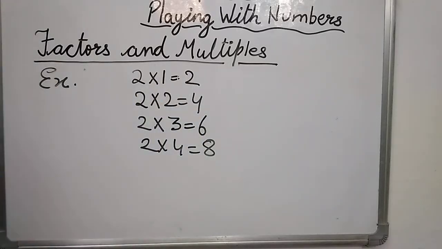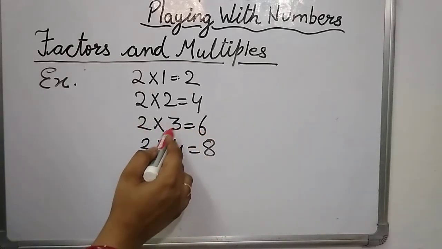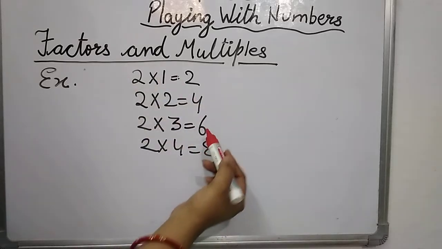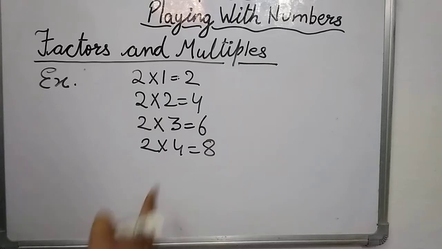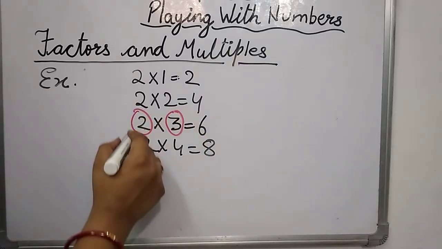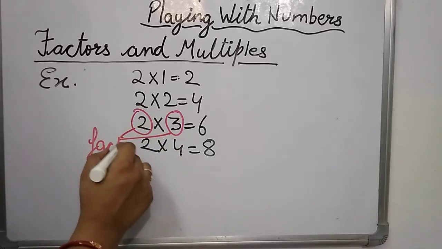Similarly, you can understand factors of 6. This 6 is the product of 3 and 2, which means 2 and 3 can exactly divide this number 6. So by this, 2 and 3 become factors of 6.